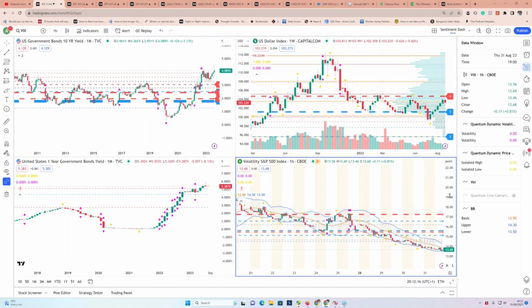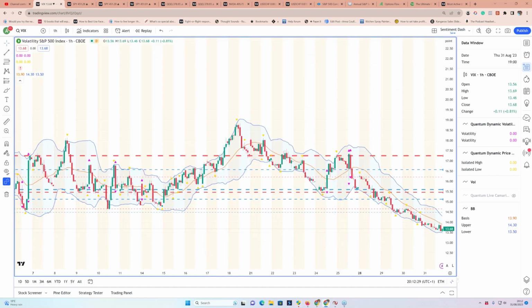Now, one of the ways you can judge what the market state is, what the market's mood is, is to look at the volatility indices. Normally we look at the VIX, as we have here, and I've got a Bollinger Band on here. This is from the CBOE, and you'll notice there isn't any volume here because this is just a futures contract from the CBOE.